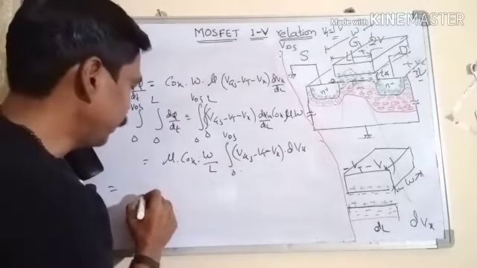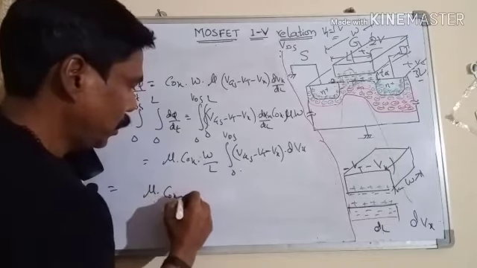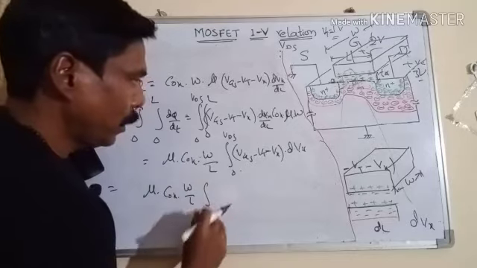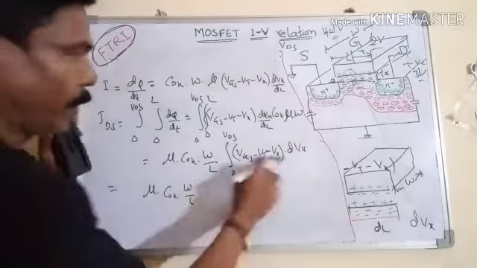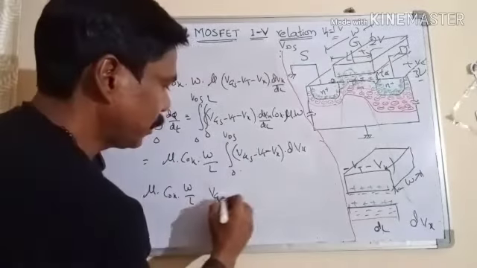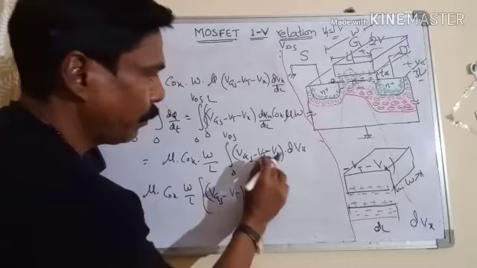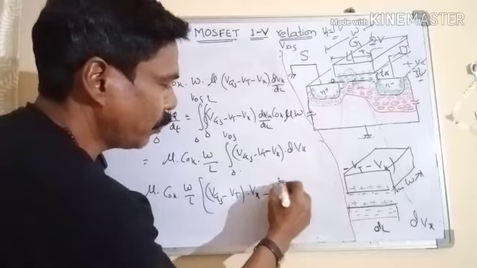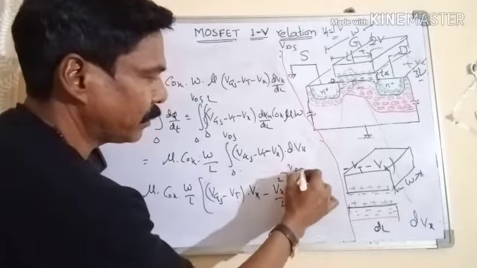When you integrate that, mu Cox into W by L, then you integrate with respect to Vx, this becomes Vgs minus Vt into Vx, one term, minus Vx dVx, so that becomes Vx square upon 2. Limits are 0 to VDS.